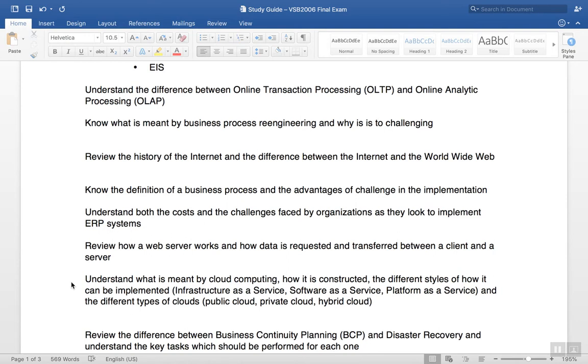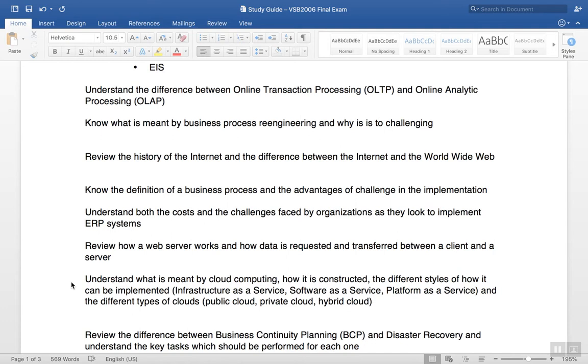The three major styles we see: infrastructure as a service, which is the delivery of basically virtual systems and storage across the internet. So Amazon Web Services is our best example of that. Software as a service is really running applications across the internet. Salesforce.com was probably one of the better examples.